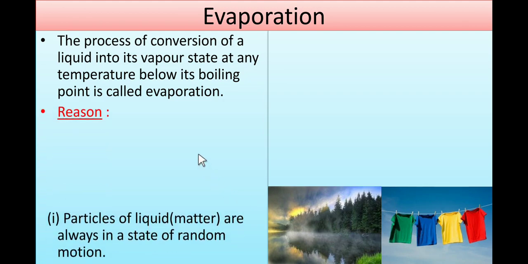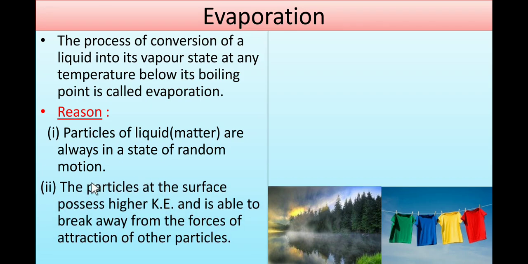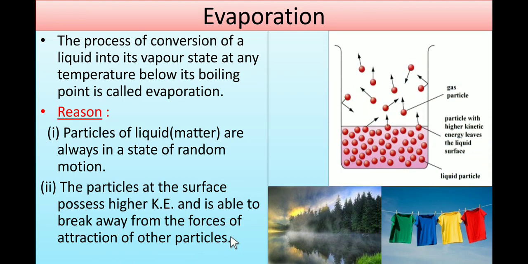The reason is already discussed. Particles of liquid matter are always in random motion. Secondly, the particles at the surface possess higher kinetic energy and are able to break away from the force of attraction of other particles. This is a diagram to represent the kinetic energy of the surface area. Particles in the surface area have more kinetic energy.